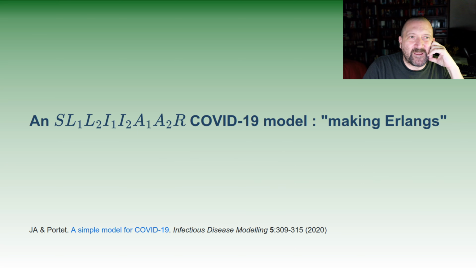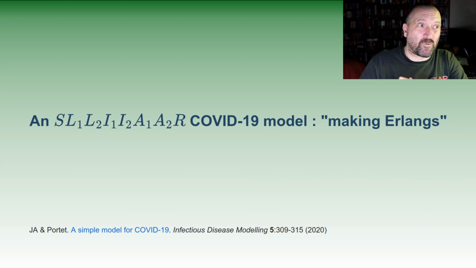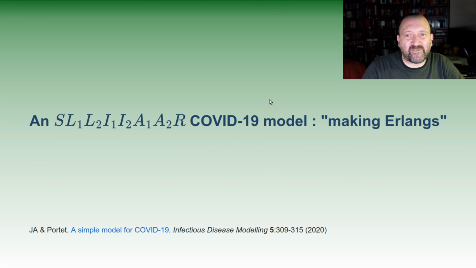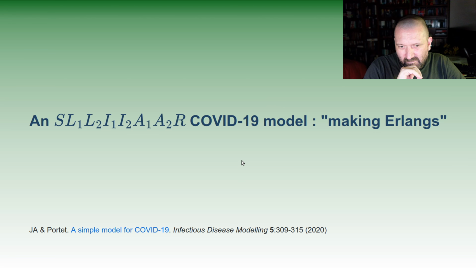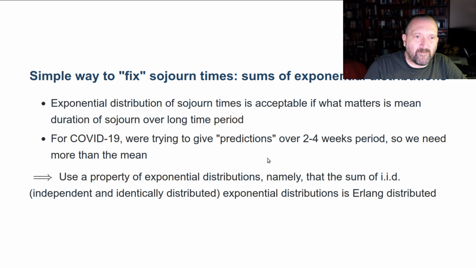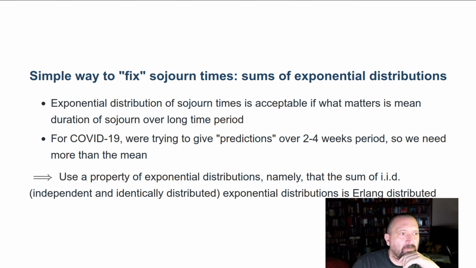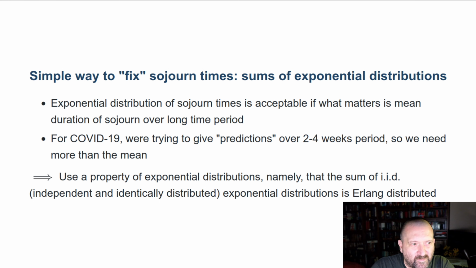So let me quickly show you one way to remedy this without going into much more complicated survival functions, and I'll call this making Erlangs. This is a paper that I wrote with a collaborator on COVID, and one thing that we wanted to incorporate is distributions of time spent in classes that would be a bit more realistic, because, as I was saying before, it depends what your aim is.